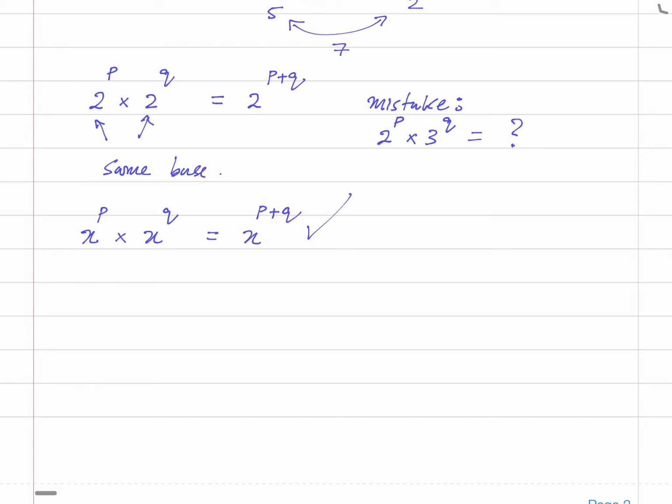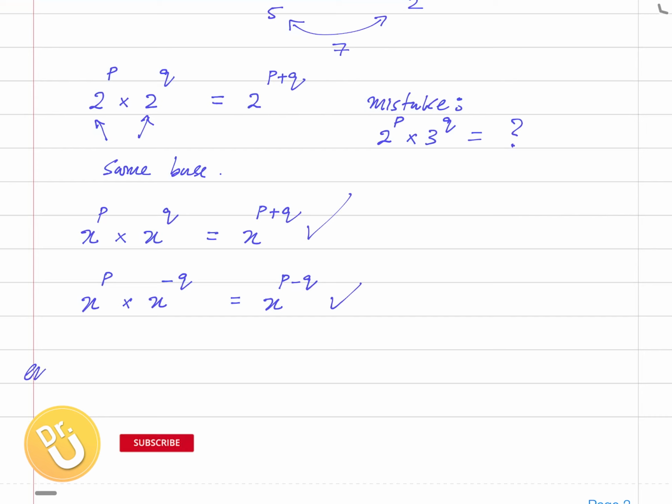Now if you have a negative power, we'll see what will happen. Suppose we have x to the power p times x to the power minus q. Same thing will happen. Powers are additive, so x to the power p minus q. Example, x to the power 5 times x to the power minus 2.